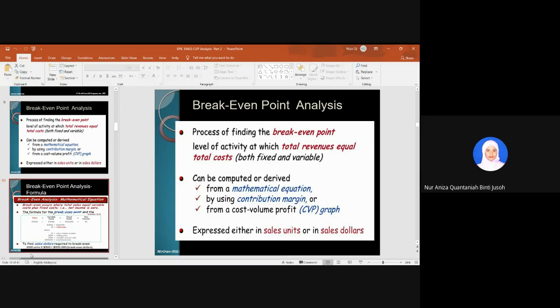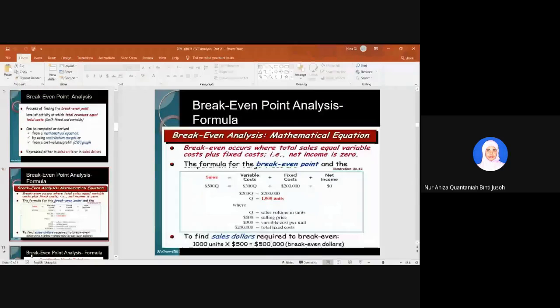This is when you use the mathematical equation to calculate the break even. Here you can use the equation of sales equals variable cost plus fixed cost plus net income.